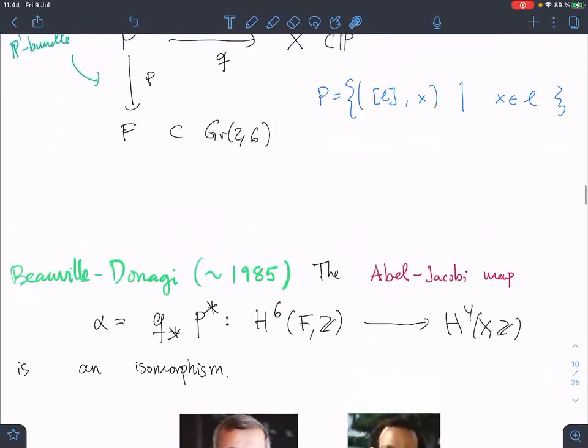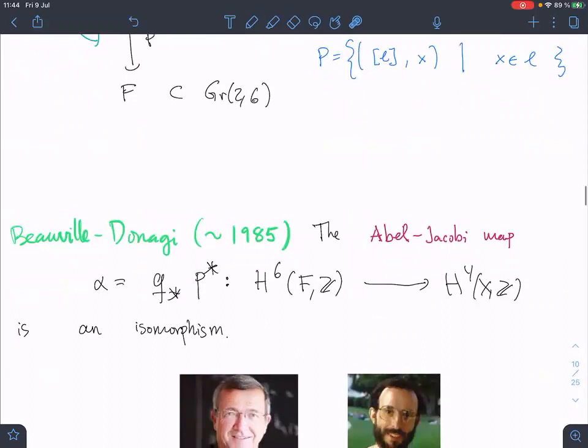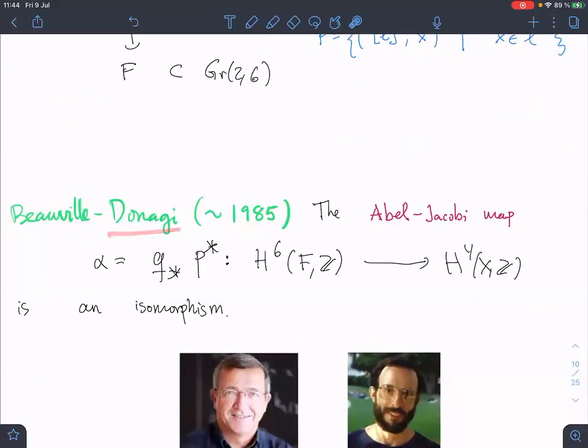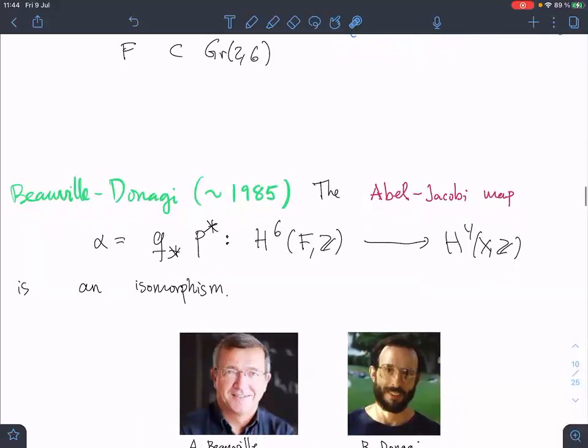What you do is you pull back a class to P, and then you push forward to X. And Beauville and Donagi prove that this is actually an isomorphism, which is good because this is where our classes live. We want to take an integral Hodge class here and say that it's algebraic, and at least now we know that there's an isomorphism to this H^6.